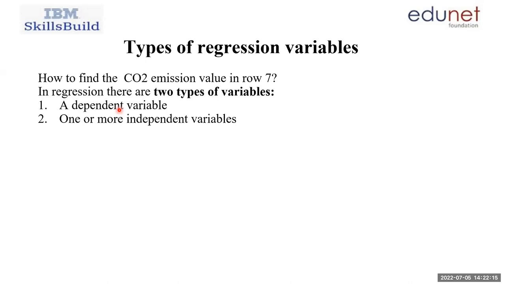So Y is the dependent variable, which depends on the independent variables X. There is only one dependent variable Y, but a data set may consist of two or more independent variables. The independent variables are the features, or X values.